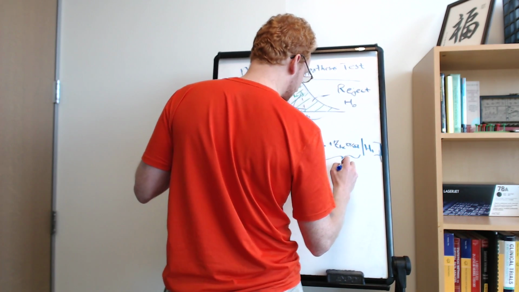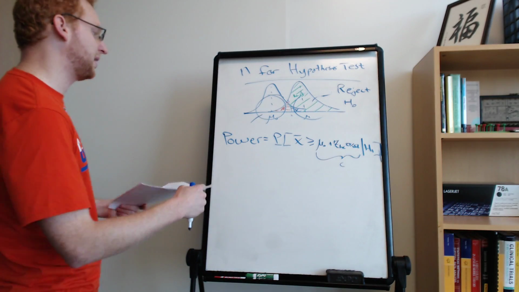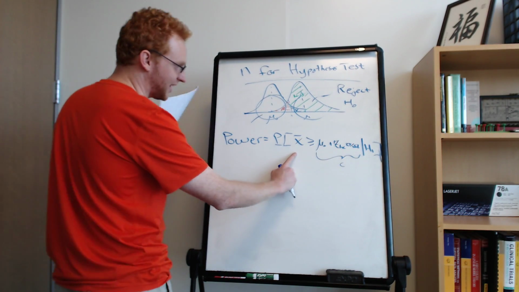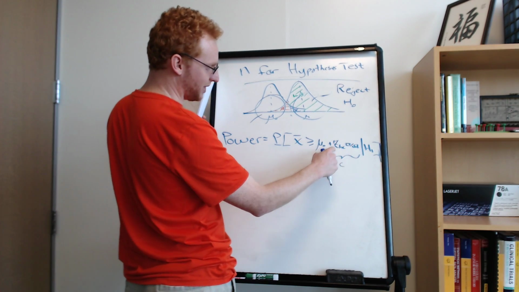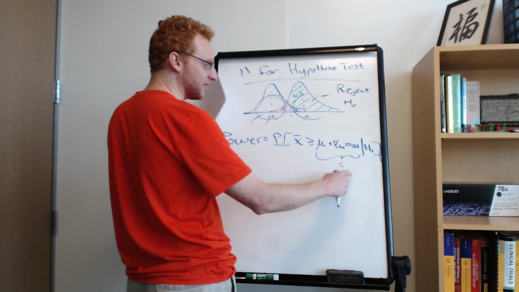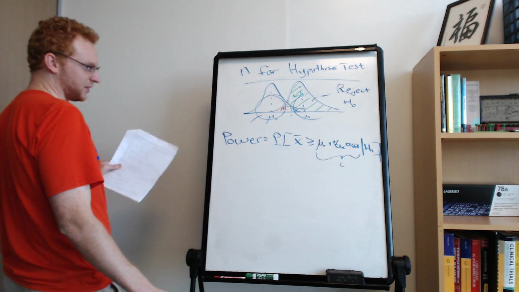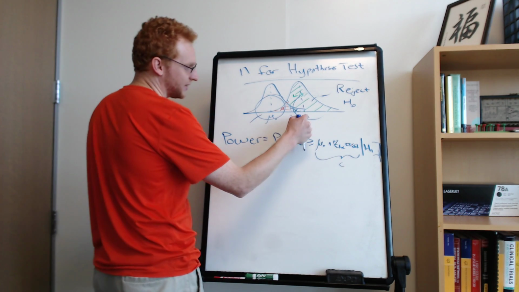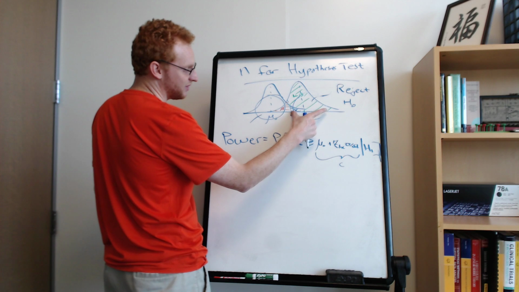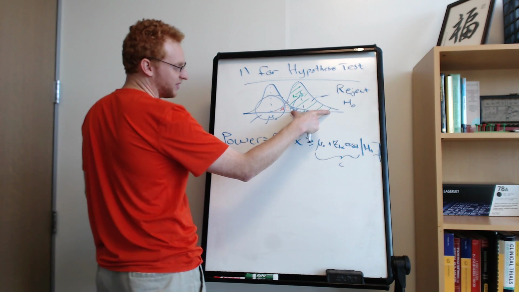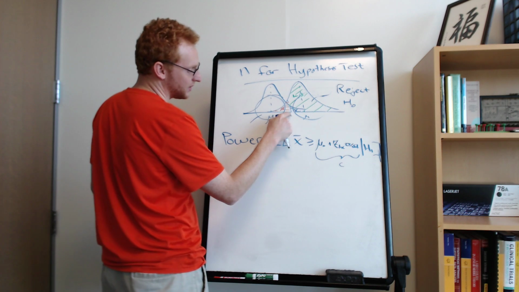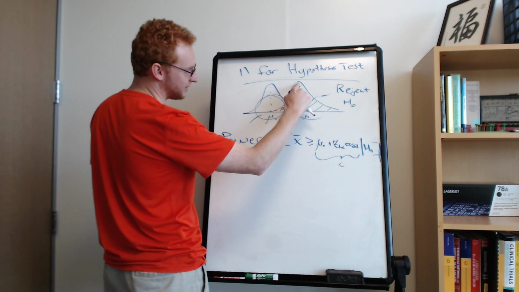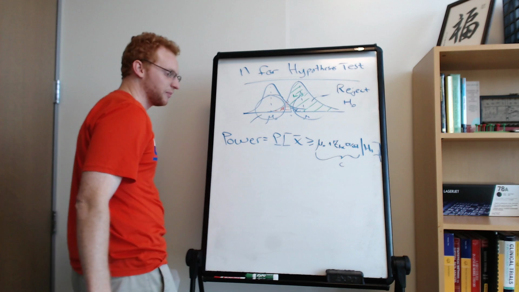This value is just C, the critical value. So the power is the probability that the observed test statistic exceeds the critical value, which is just the mean plus 2 standard deviations, given that the alternate's true. So given that the alternate's true, it's the probability of being greater than this critical value. It's usually pretty big, like 0.8. So here's the critical value, here's the alternate distribution, it's this green area.